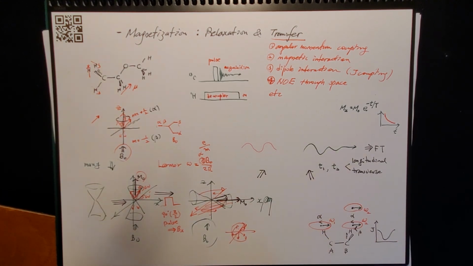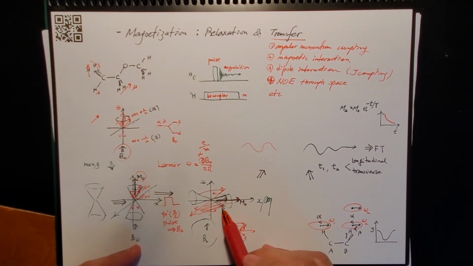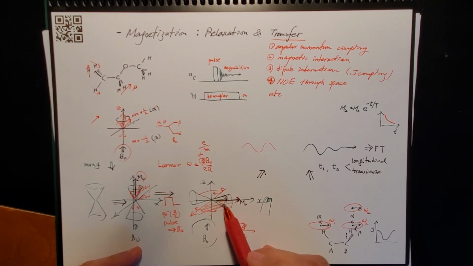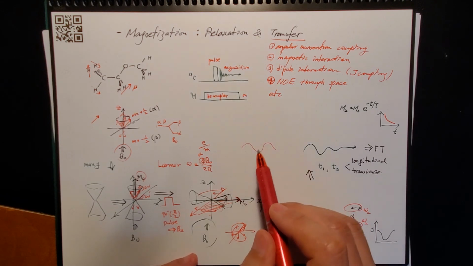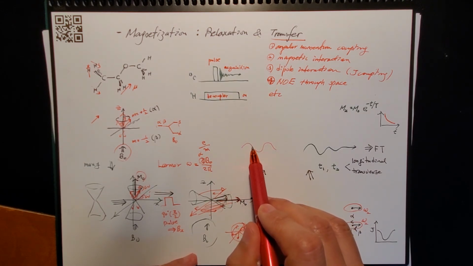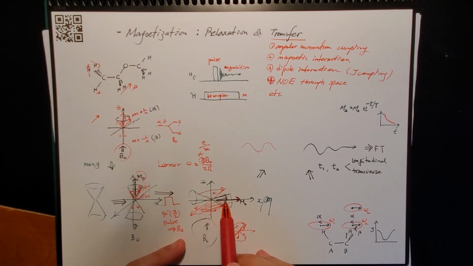All right, if that happens, as you can see, if you think about the addition of the vectors, these two groups moving in opposite directions add up and end up reducing the size of the total magnetization that will be detected by this, right? So it's going to get reduced. Eventually this will go all the way back, but this will come back this way as they come back around.